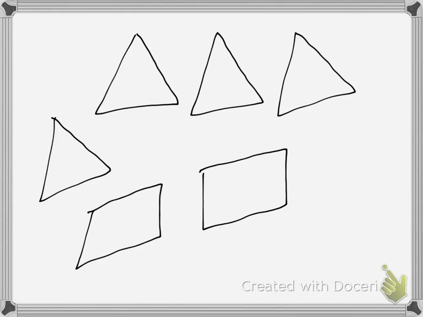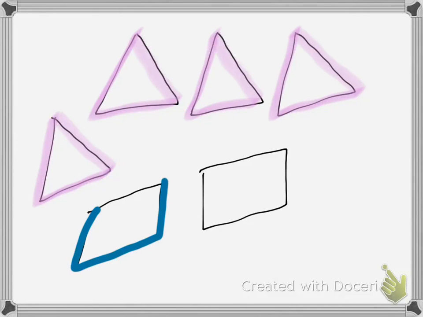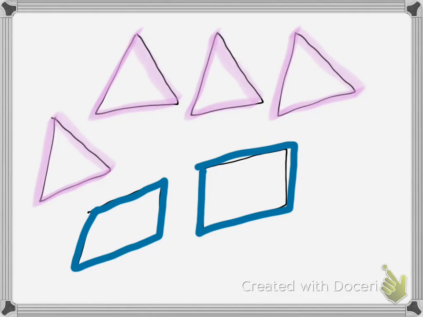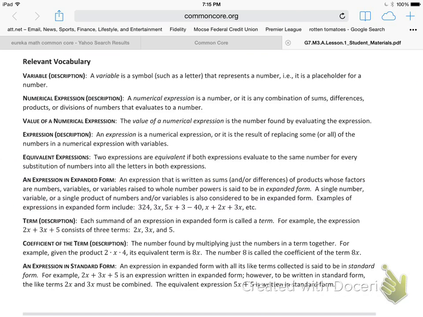And you can see in each one of those envelopes we would have had 1, 2, 3, 4 triangles and 1, 2 quadrilaterals. So that's what we have in the envelopes.